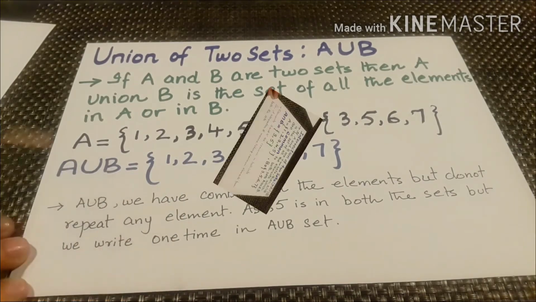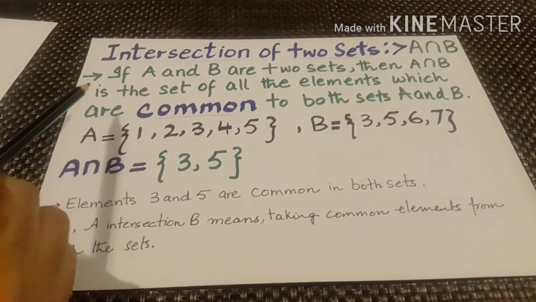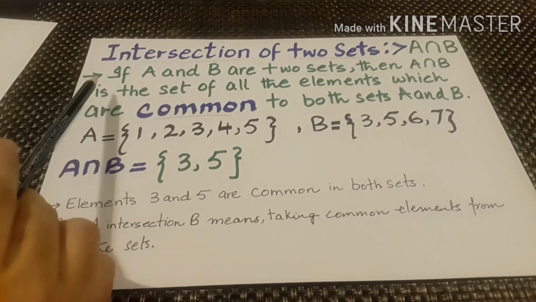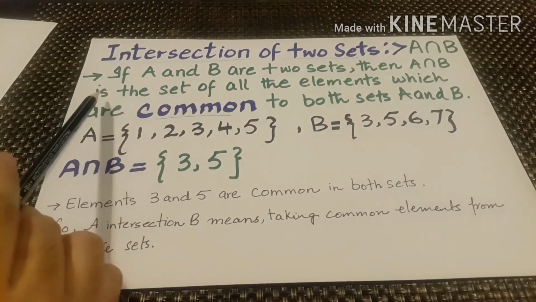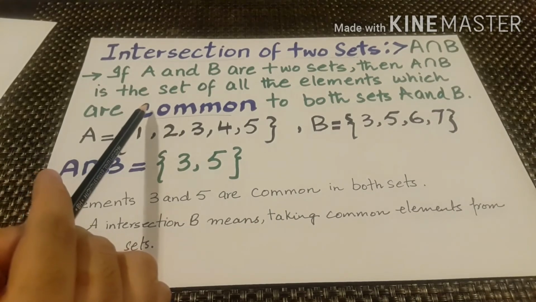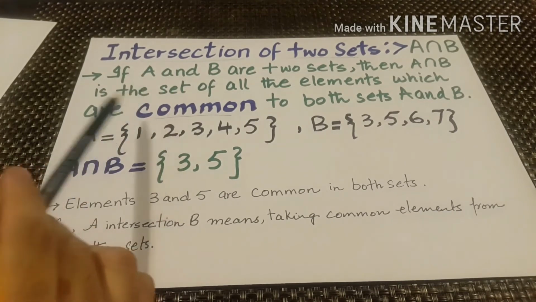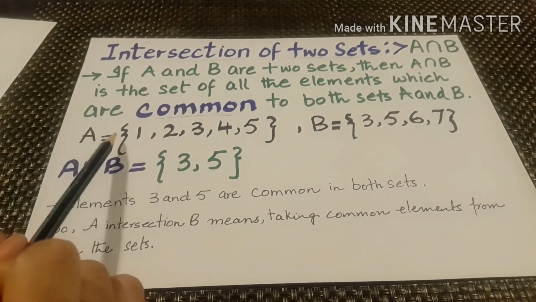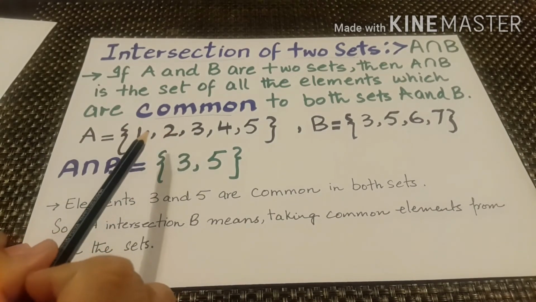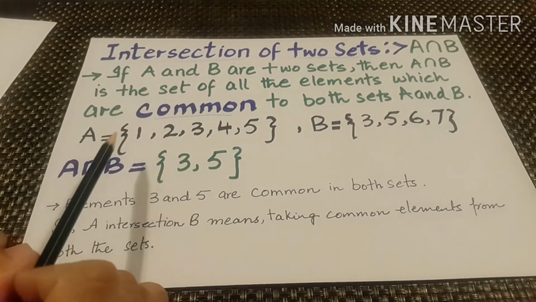Now intersection of two sets, or A intersection B. If A and B are two sets, then A intersection B is the set of all the elements which are common to both set A and B. Now set A is equal to 1, 2, 3, 4, 5 and B is equal to 3, 5, 6, 7.